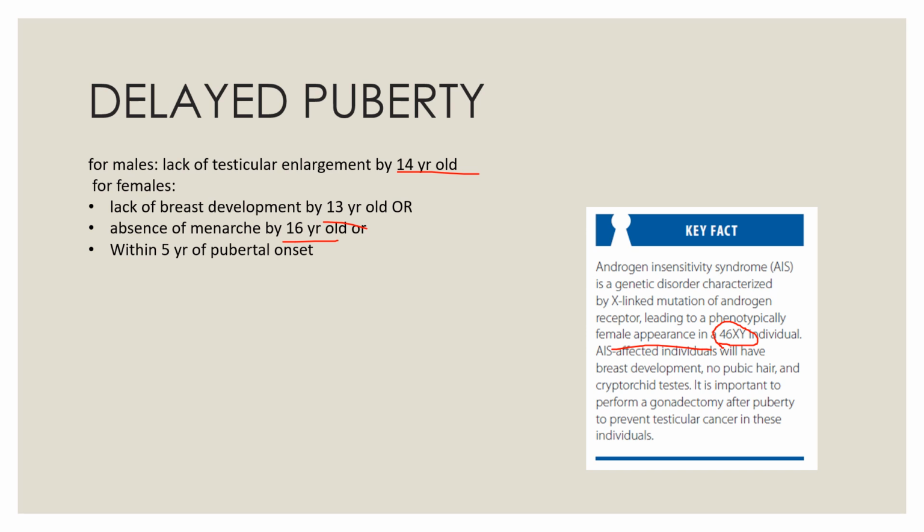During the workup you will see that the genotype is 46XY, and they may have an undescended, cryptorchid testis. They'll have breast development, but they'll have no pubic hair. Androgen insensitivity means there is androgen, but there is a mutation of the androgen receptor, so it cannot actually act. So that is why they're not becoming like a male.